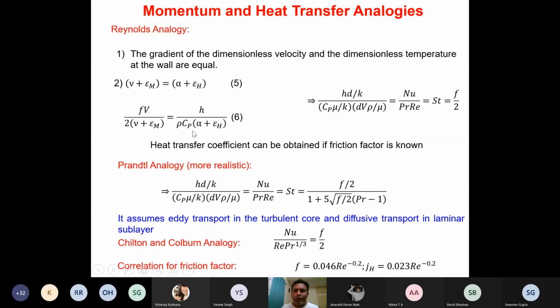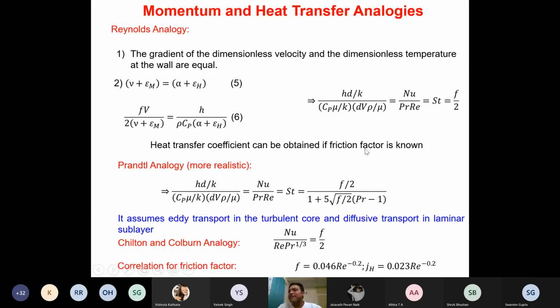Finally, by rearranging this entire thing, we get Nusselt number divided by Prandtl number and Reynolds number. That comes out to be the Stanton number, and Stanton number is represented as f by 2, where f is the friction factor. Okay. So this is a very, very important result.